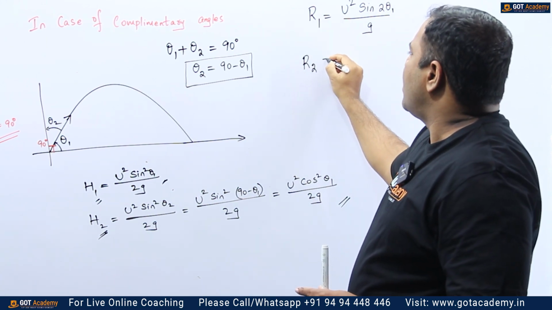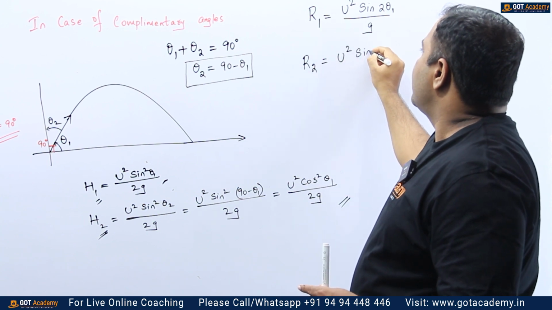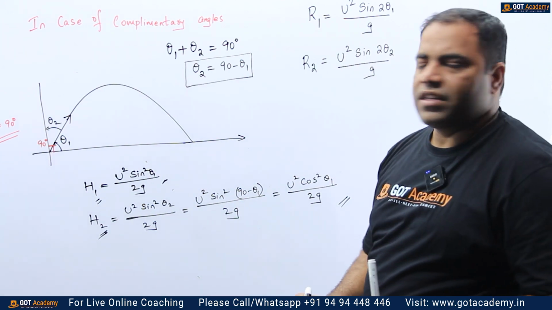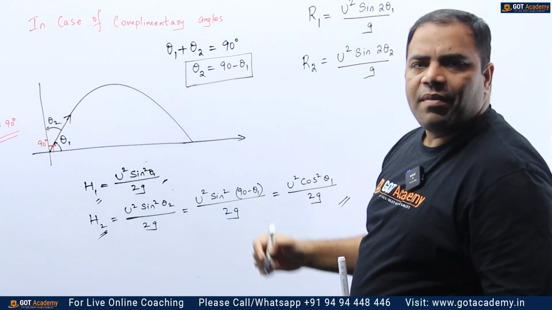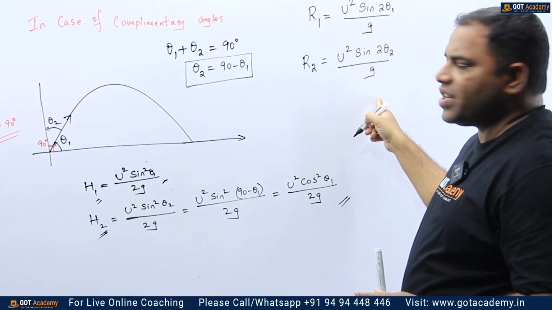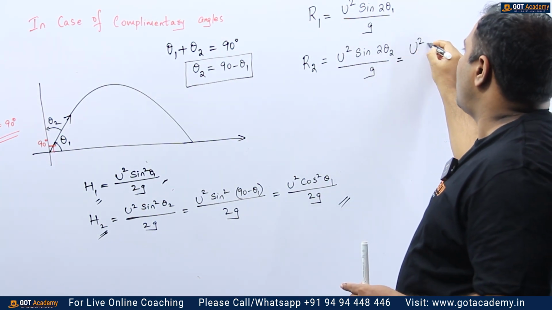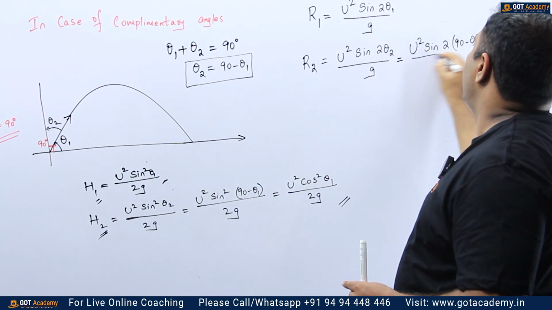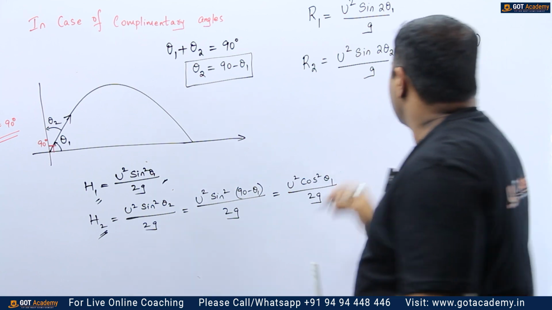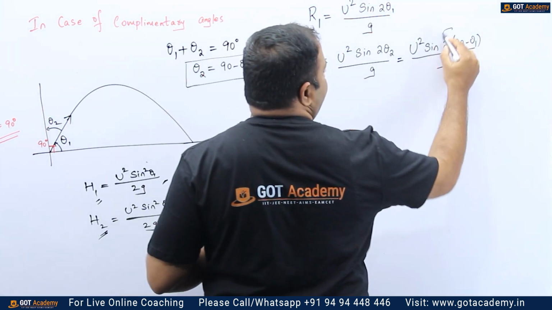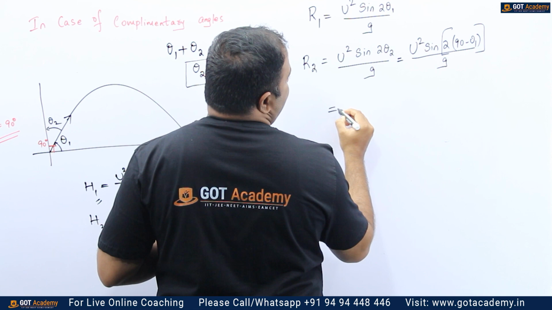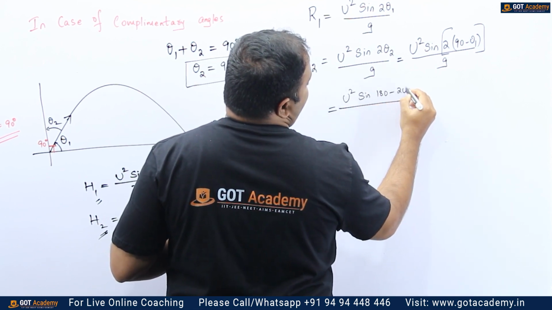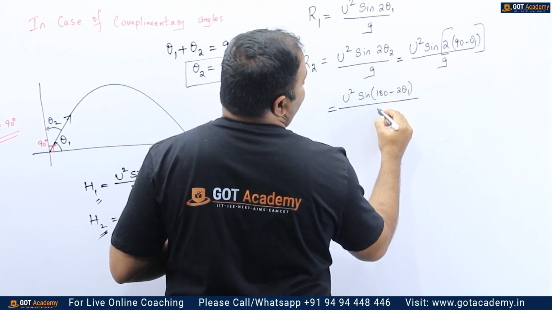Similarly, R2 is equal to u square sine 2 theta 2 by g. Since theta 2 is equal to 90 minus theta 1, if I substitute in this expression, I get u square sine 2 times of 90 minus theta 1 by g. So 2 into 90 is 180. So u square sine of 180 minus 2 theta 1 by g.